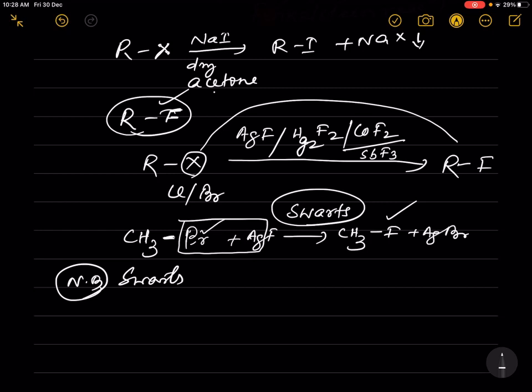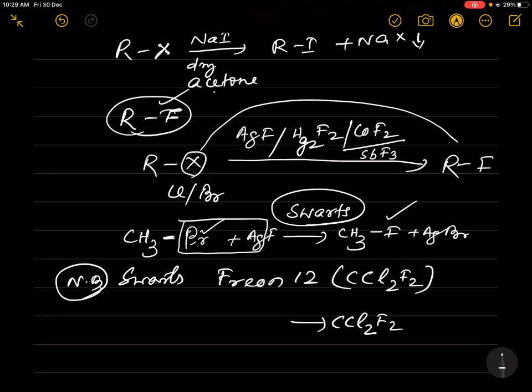Freon 12. Freon 12 means CCl2F2. This CCl2F2, Freon 12, can be synthesized from tetrachloromethane, CCl4, by the Swarts reaction.